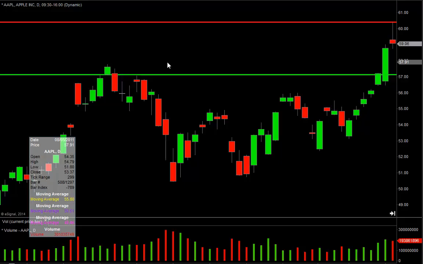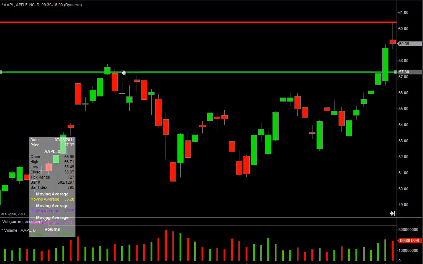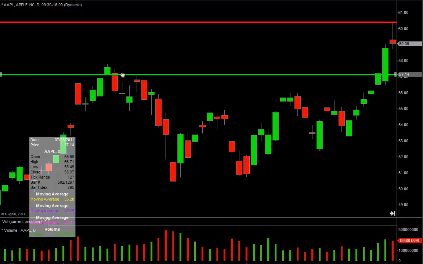As long as we agree that we should be marking out supports and resistances, getting hung up on whether I should put it there or there is just not worth it. So I'm going to say that this was the previous area of resistance, but obviously the price has broken and closed above it. So now this is an area of support.